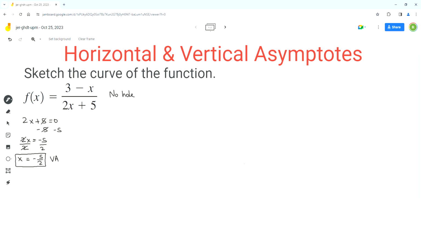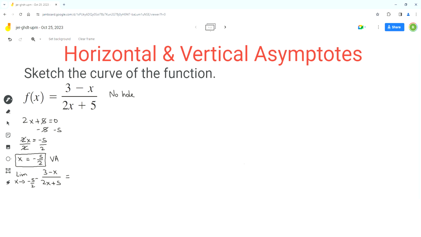Now we have to analyze the behavior of the curve on the left side and right side of this vertical asymptote. So for that we can use the limit. So limit x approaches -5 over 2 from the left side of (3 minus x) over (2x plus 5). Now we can evaluate this limit.